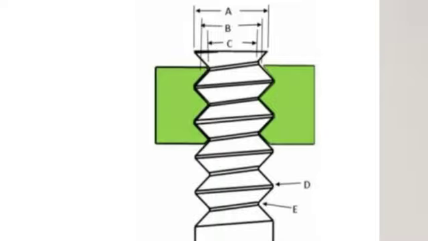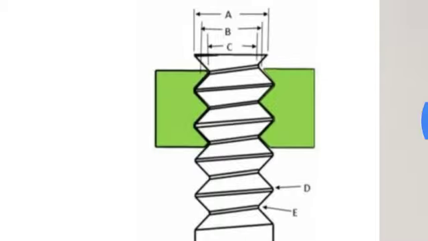Pitch diameter is in between: not exactly on the crest side and not on the root side. It is a center line between these two, the same on either side, and that is known as the pitch diameter.